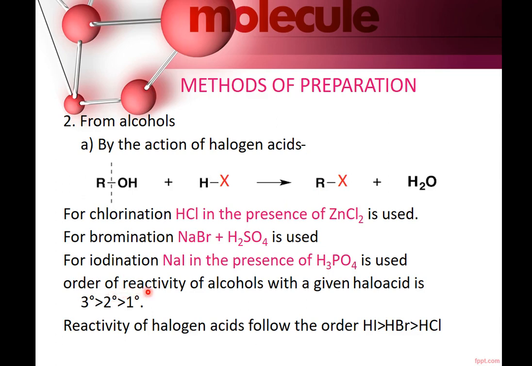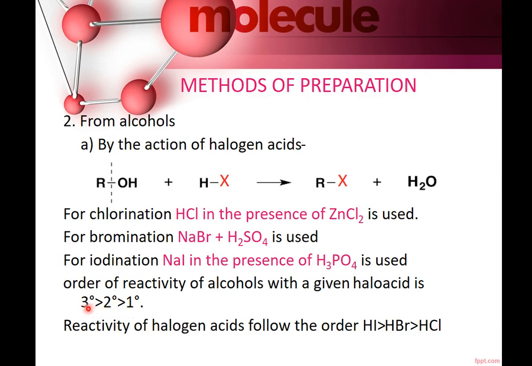The order of reactivity of alcohols with the given halogen acid is tertiary greater than secondary greater than primary. Because if you check the mechanism of this reaction, it involves formation of carbocation, and the stability of carbocations is in this order: tertiary greater than secondary greater than primary.